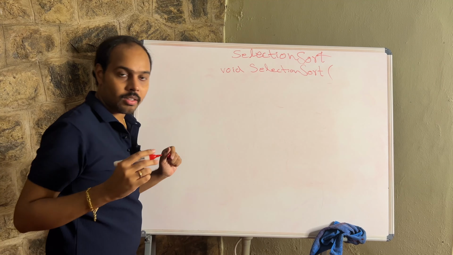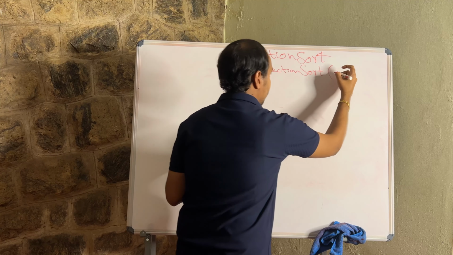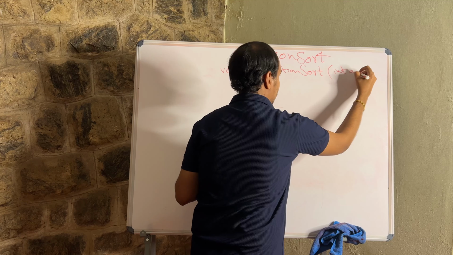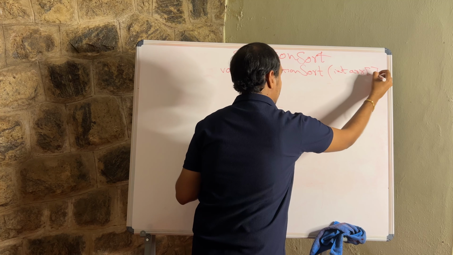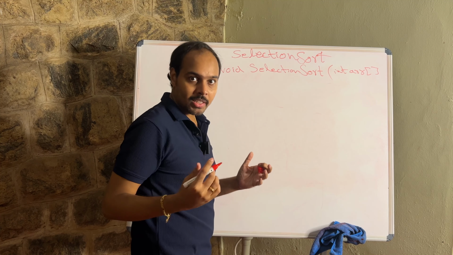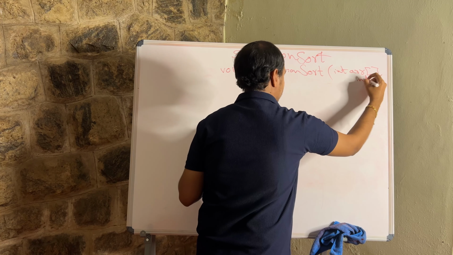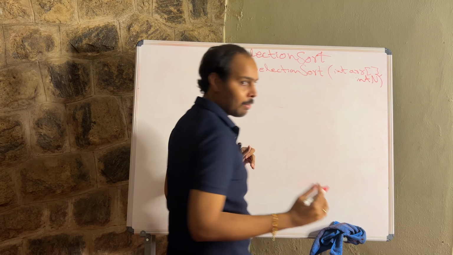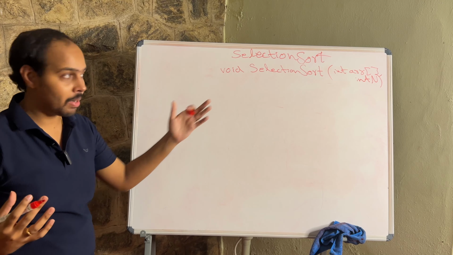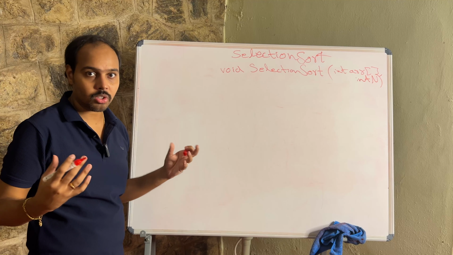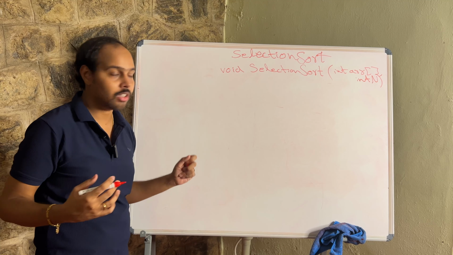We pass the array and we pass the number of elements in that array. In some languages, you don't need to pass the number of elements of the array because you can get it right from the array itself.